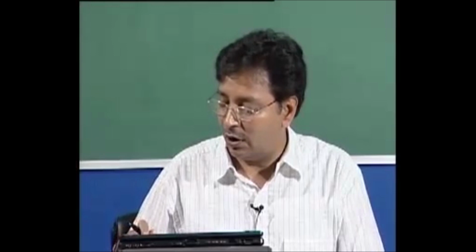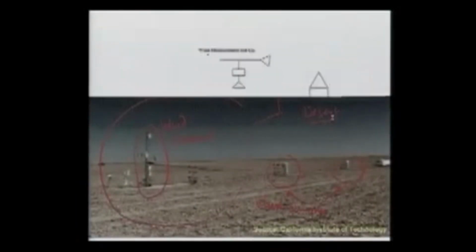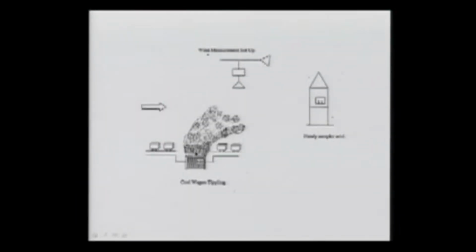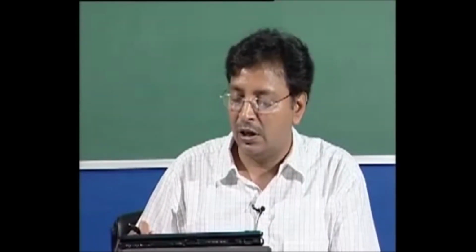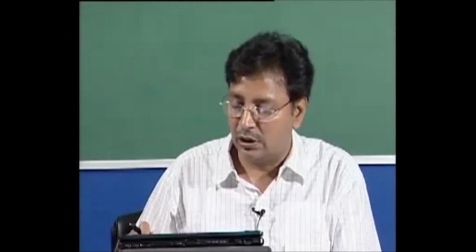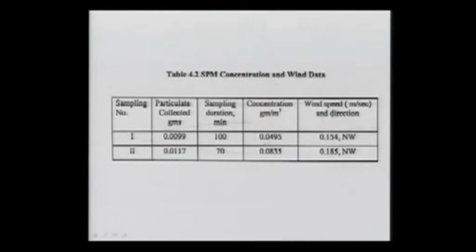So what we have learnt so far is that we can actually find out the emissions from the fugitive sources. One more example you see here: these are the measurements that were done. As I said, the wind speed and wind direction need to be measured, and the concentrations are measured at the various sampling locations.